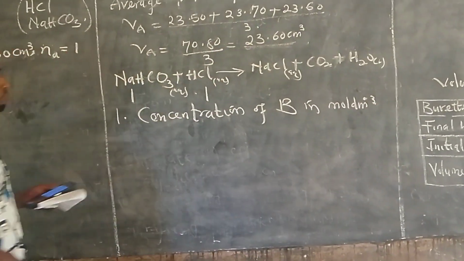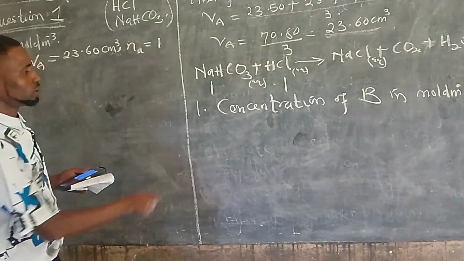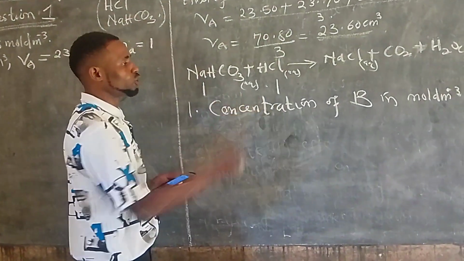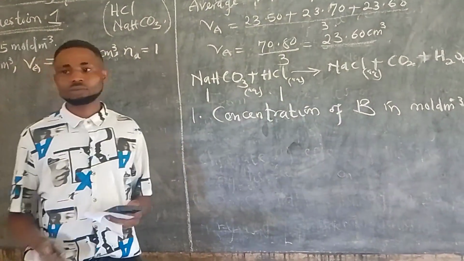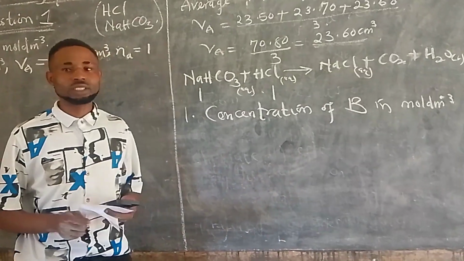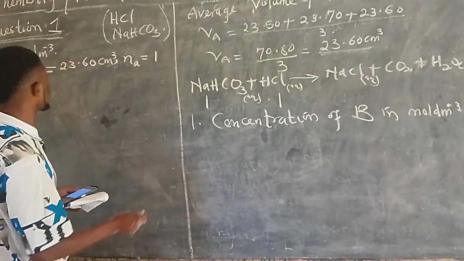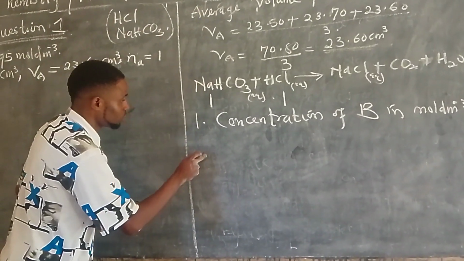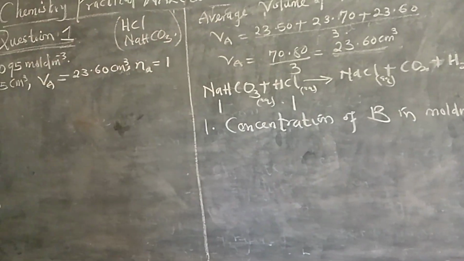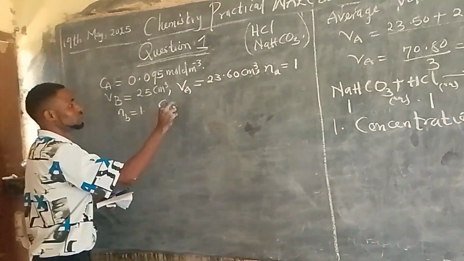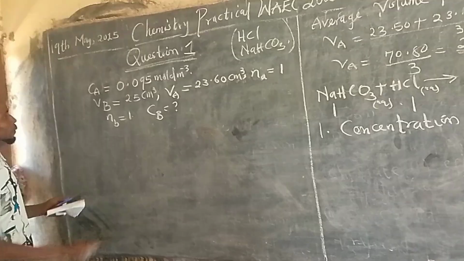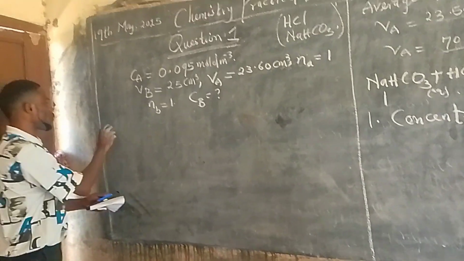Now, how do you calculate the concentration of B in mole per dm cube? Is by using the formula. You have to find CB. CB is unknown. Now, using the formula, that's number 1 now.